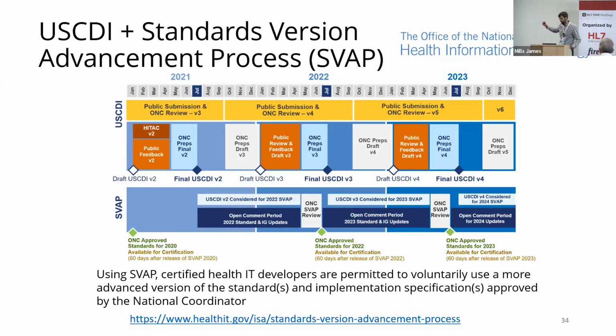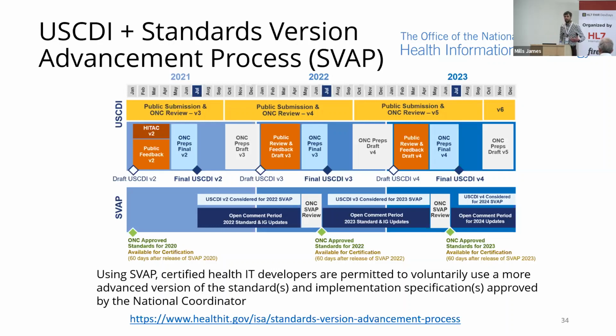So version 4, and this is a really cool process because it gives you a sense of where ONC is headed. And they have been very good about collecting input from the broad community. That's the top bar. On the bottom bar, you have the standards version advancement process. Originally there was talk of the SVAP process being a winter cycle.